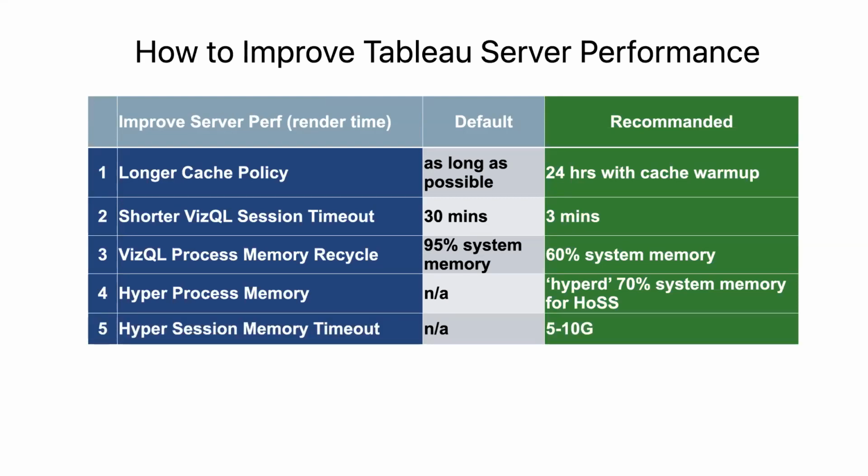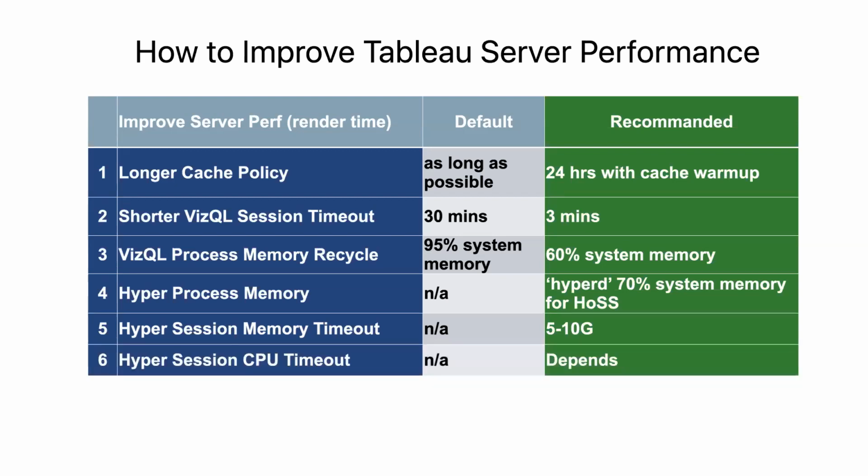Number 5, can we kill badly designed long Hyper queries, so one query will not bring the whole server or whole Hyper process spinning? Can we do that? The answer is yes, there is a way to do that from both the memory and the CPU perspective. That's 5 and 6.